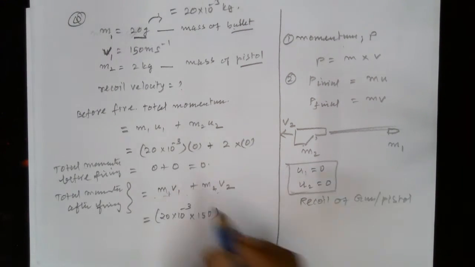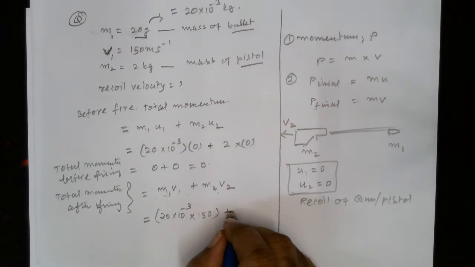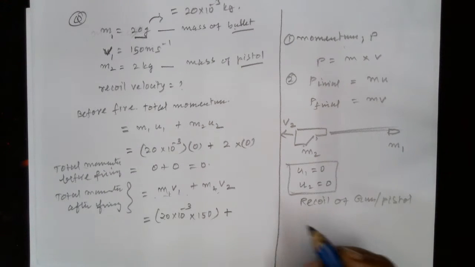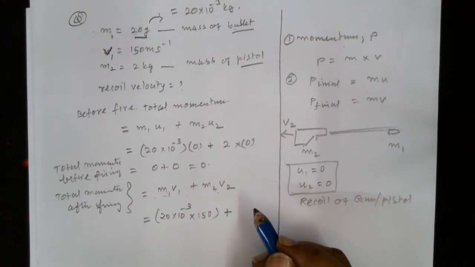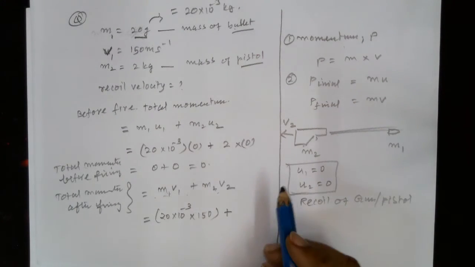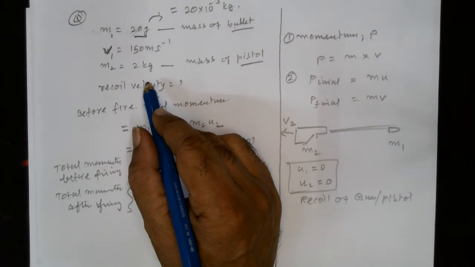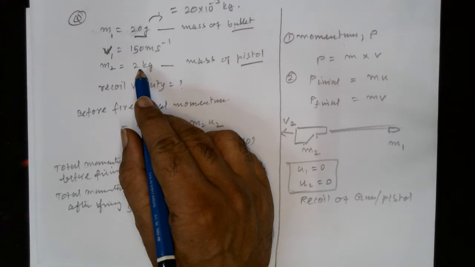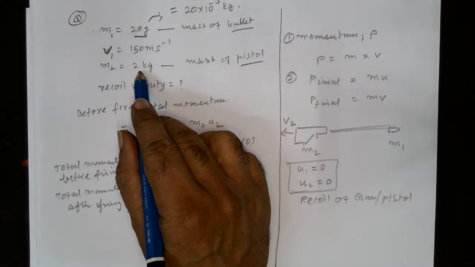So this is M1 V1. Are you able to follow? Plus, we have to consider the next one, that is M2 V2. So what is the M2 here? The mass of the pistol.